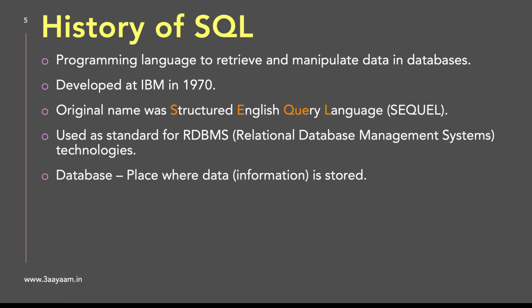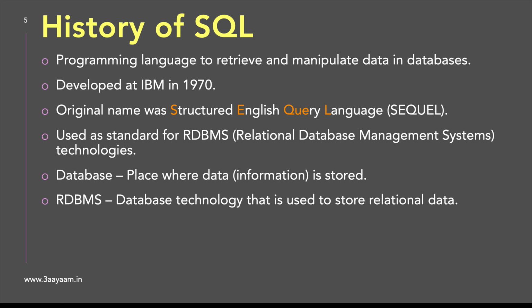For example, if you go to a bank, it would have data about customer information, account information, loan account information, etc. If you go to a retail organization, it will have information about orders, product inventories, customers, etc. So data is stored permanently in a database.